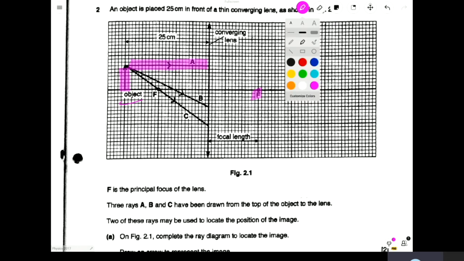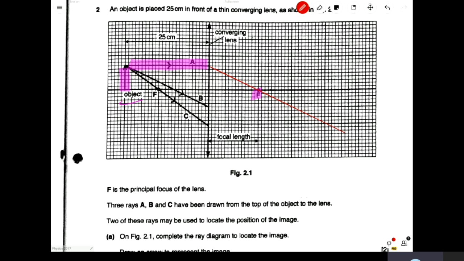Okay, so let's try to draw that line first. Okay, I'm going to use the straight line tool. So I will get a straight line. Yes, it's a straight line. Draw freehand or no? Powerful. Okay, so one light ray passes through there, right?